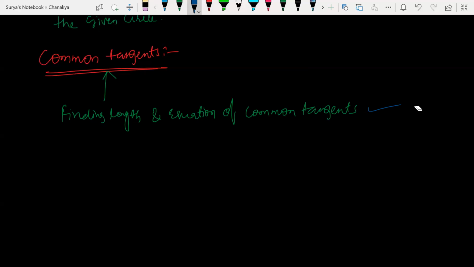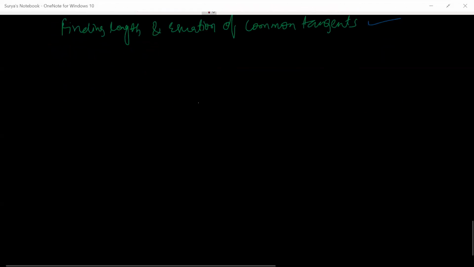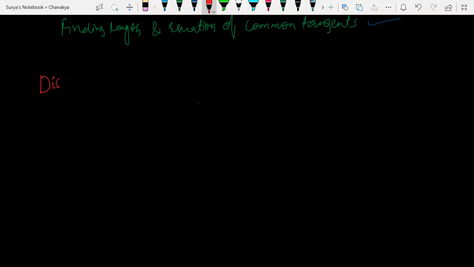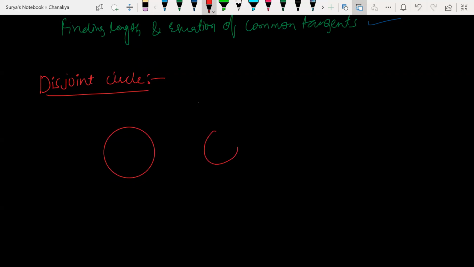Yes. Now look at this. If I talk about these joint circles, this is my center 1, this is my center 2, this is my radius 1, this is my radius 2.